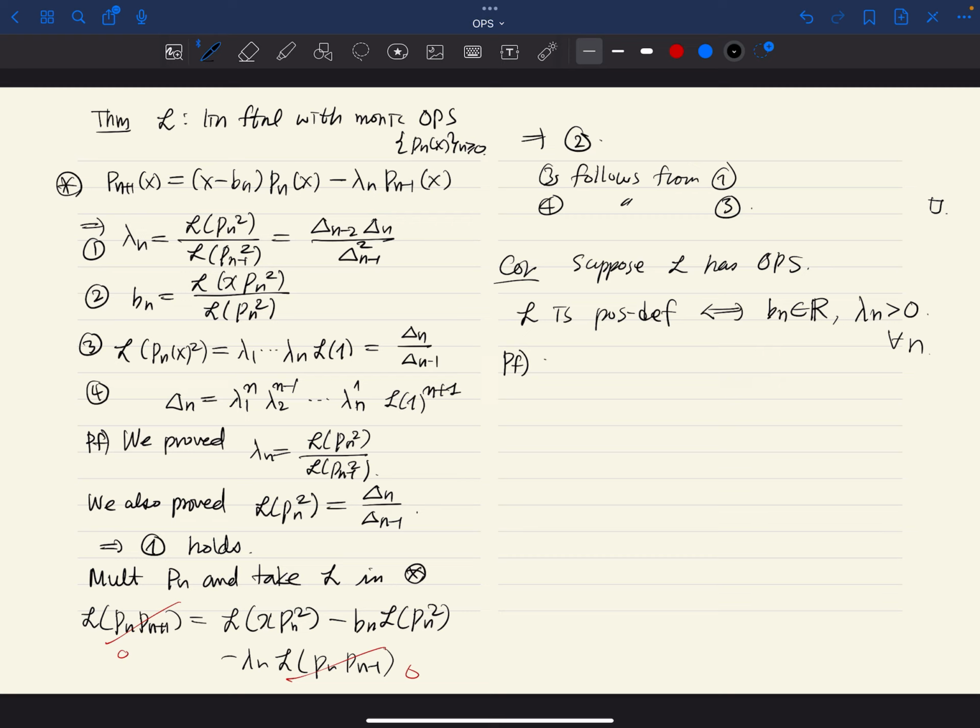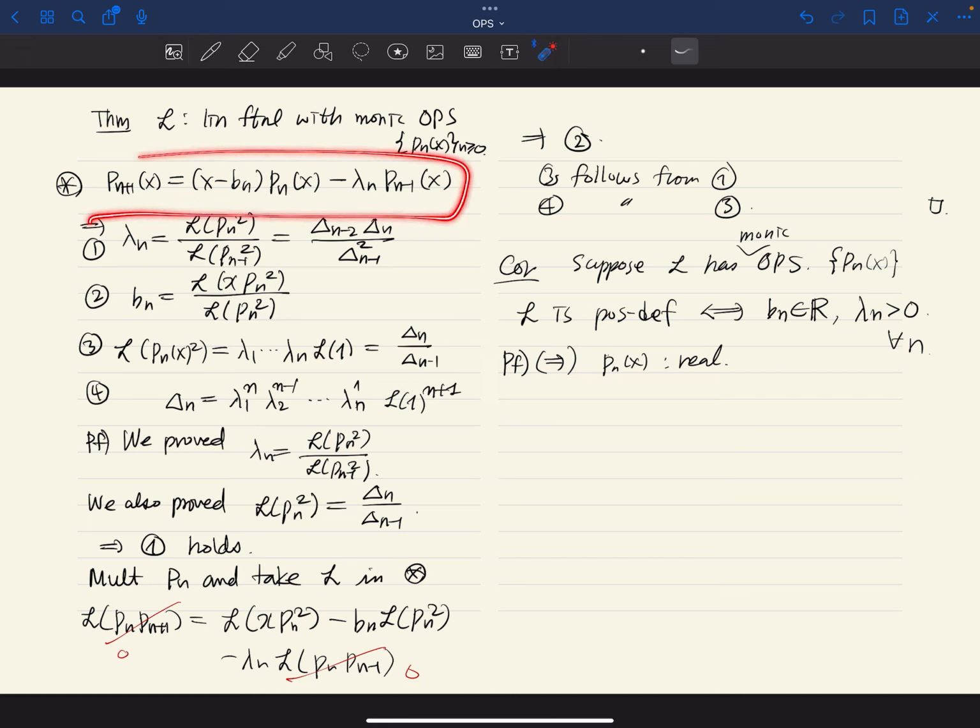So this direction: positive definite, then the OPS, let's say the OPS is Pn of x. Monic, we can assume monic. Then positive definite has real orthogonal polynomials, right? So we have real polynomials. They satisfy the recurrence relation, so the recurrence coefficients must be real. The recurrence coefficients Bn and lambda n must be real.